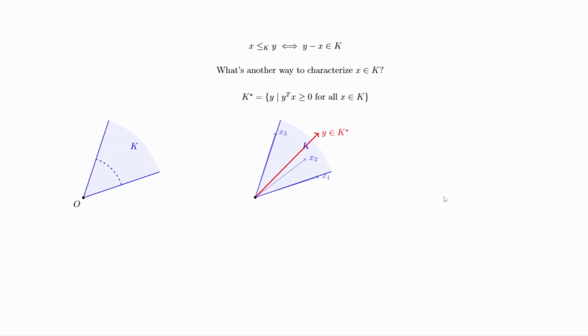This is because they don't form an obtuse angle with any vector. Geometrically, this means that y makes an angle of at most 90 degrees with every vector in K. So the dual cone consists of all vectors that point in a generally similar direction as K.